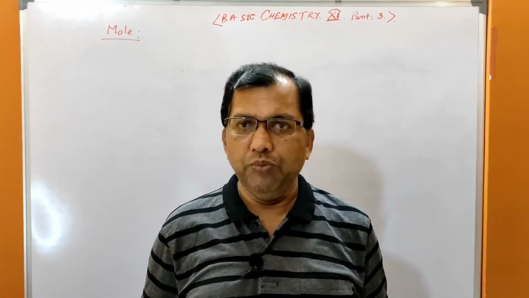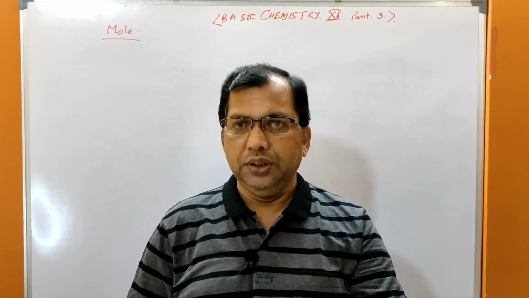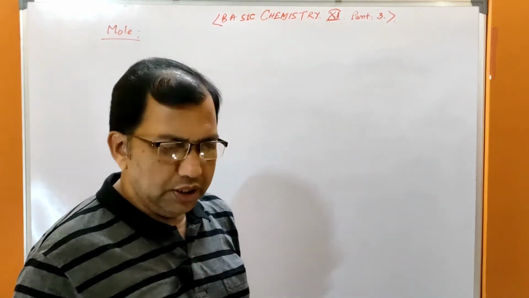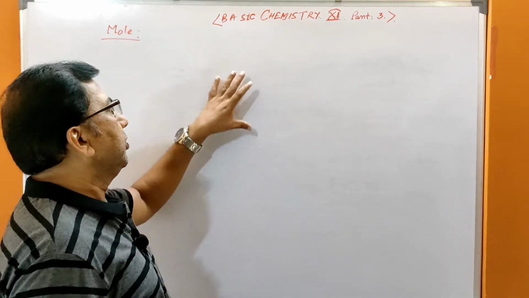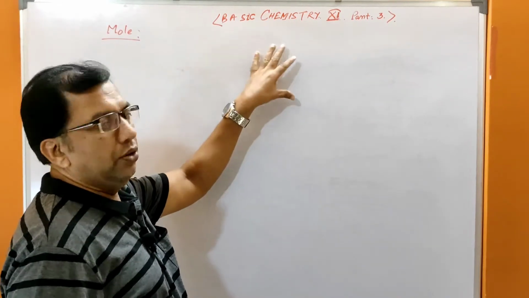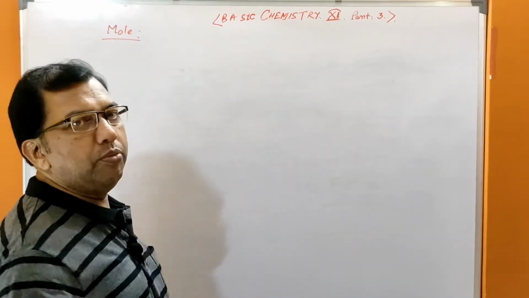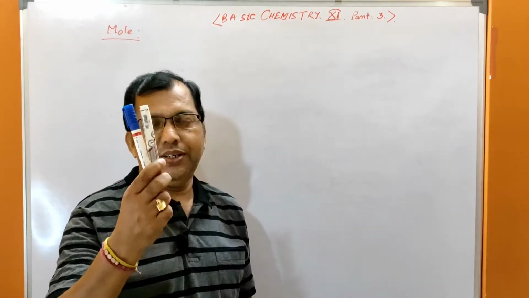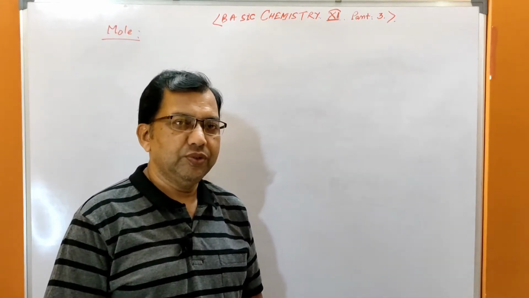What is a mole? Mole is simply a unit for counting atoms, ions or molecules. If you were told 1 mole of water, or 1 mole of pens, do you know what large amount that is?